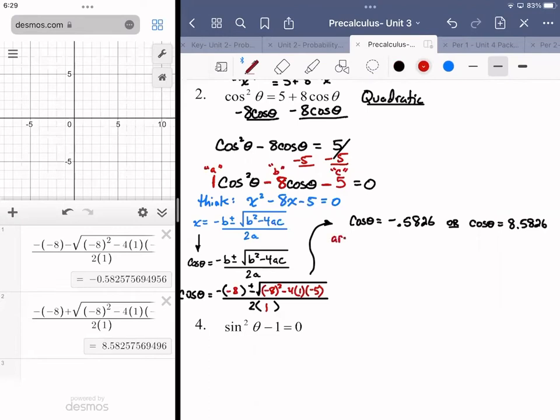I'd say arc cosine of, and then we would do that for the left side and for the right side. Okay, so arc cosine of cosine of theta is going to be equal to arc cosine of -0.5826.